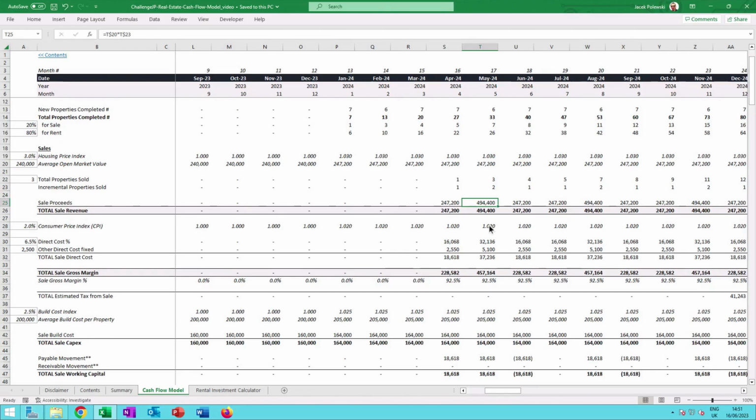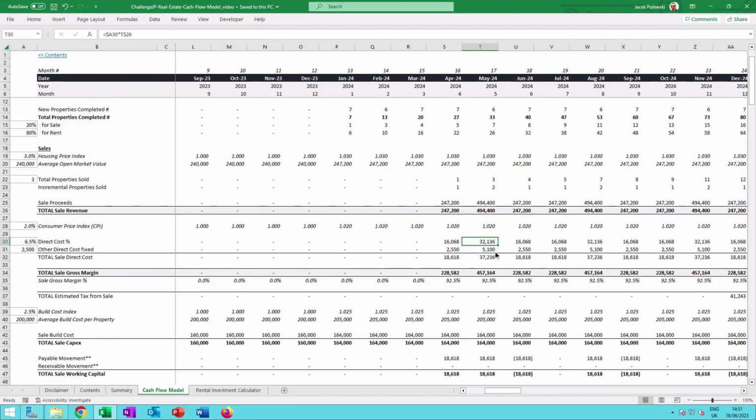Now, in terms of cost calculation, you will see that the model assumes two methods of calculating the cost. One is the percentage of revenue, so let's start with that. I'm saying, let's take 6.5% and multiply it by the revenues that you generated from the sale, and that's going to go into one part of the direct cost.